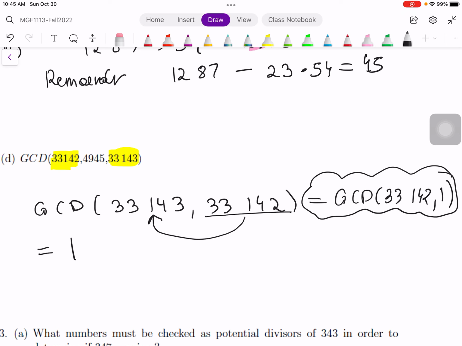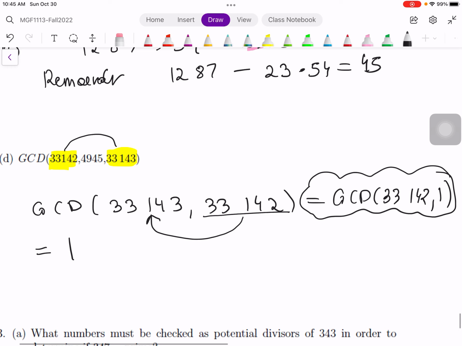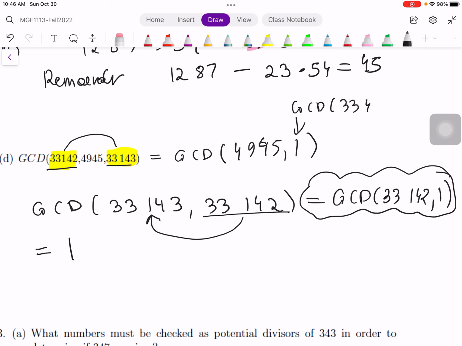And when you have three numbers, the greatest common divisor of the three numbers is the greatest common divisor of the two numbers of your choice, and I chose those, so of 1 and this, right? Let me organize from the bigger number first. This was the greatest common divisor of the other two numbers, and that must be again 1, because 1 is already a divisor of the bigger number, so that's the greatest common divisor.